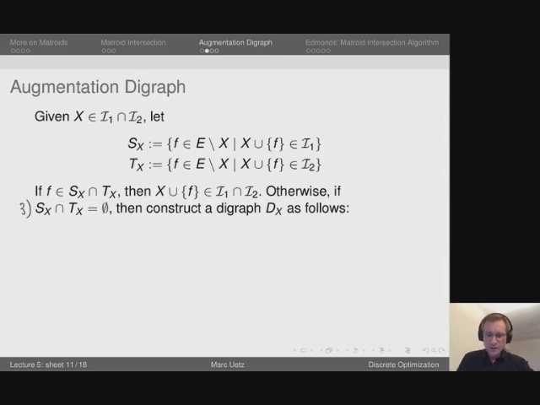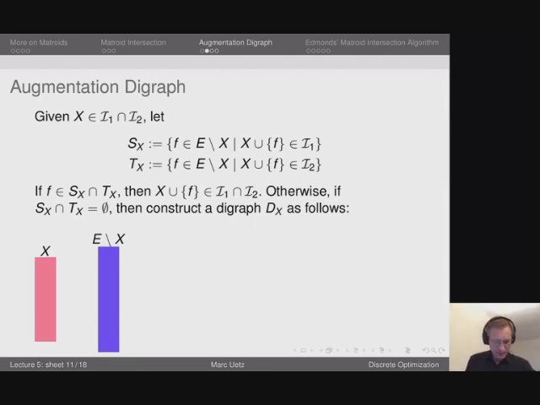First of all, the vertices of this digraph are going to be all the elements, and I split them up into the elements that I've already chosen, X, in pink on the left-hand side, and the elements that are not yet contained in X, in blue on the right-hand side. I will also depict these two sets Sx and Tx in this bipartite graph, as these dark blue subsets of elements.